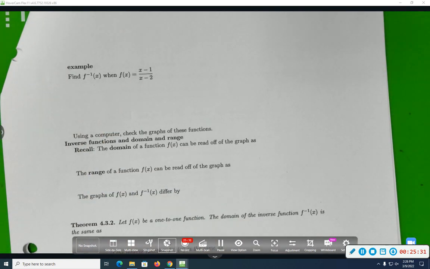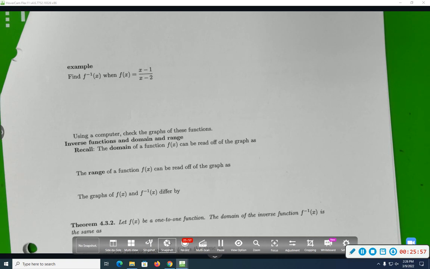Let's find the inverse function to this function. So let's set up the thing that we need to solve. If you need to find that inverse function, what equation do you need to solve? You want to switch the x's and y's and then solve for y.